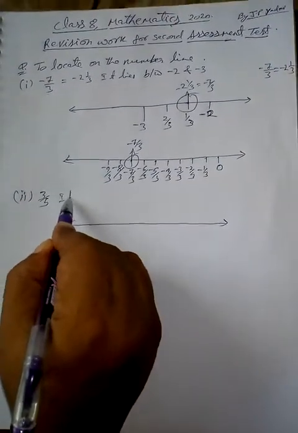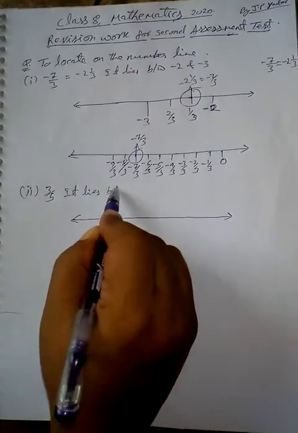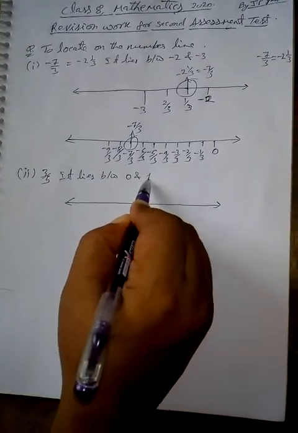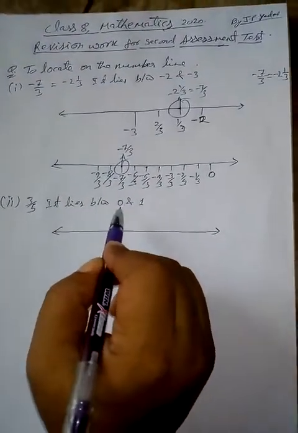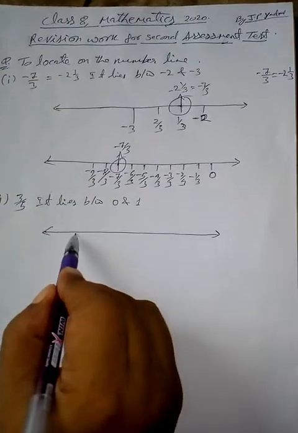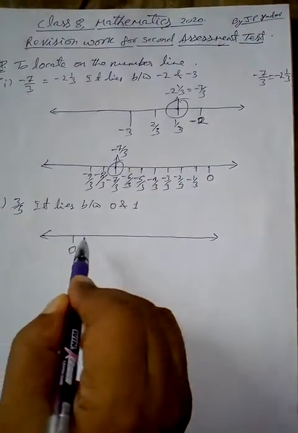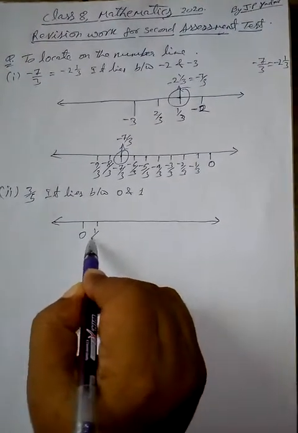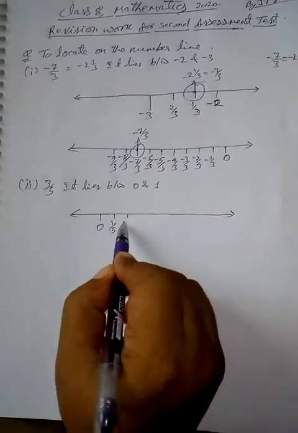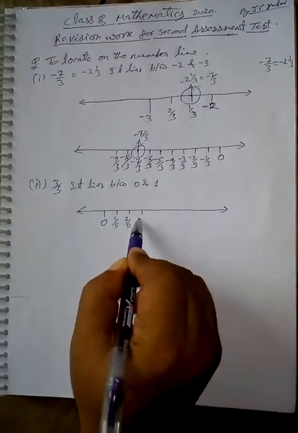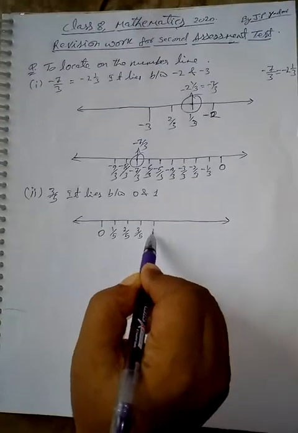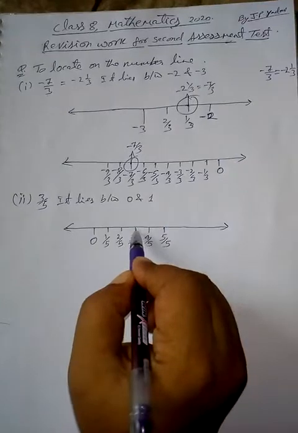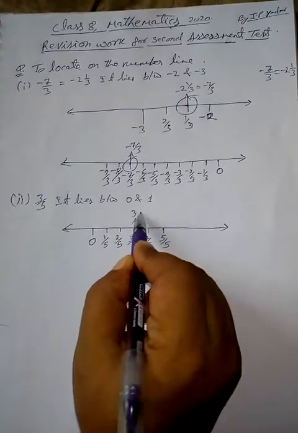So we see that it lies between 0 and 1, because it is less than 1 but greater than 0. So we will start from here, because this is a positive number, so we will start towards the positive side. 0, 1 by 5, 2 by 5, 3 by 5, 4 by 5, 5 by 5, and so on. But your answer is this one, 3 by 5.